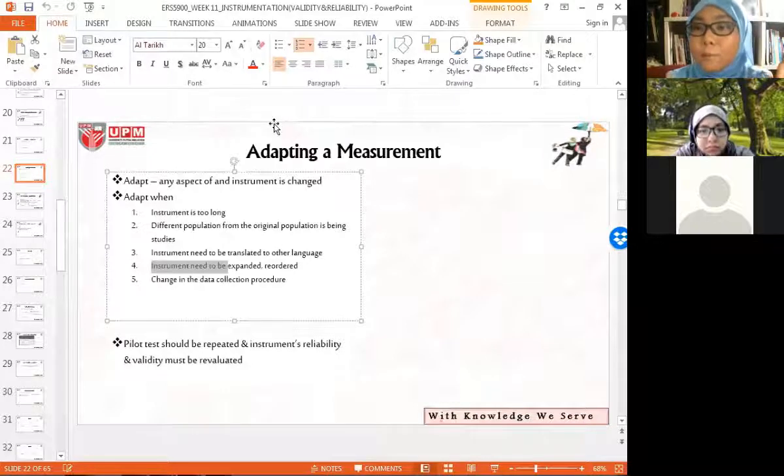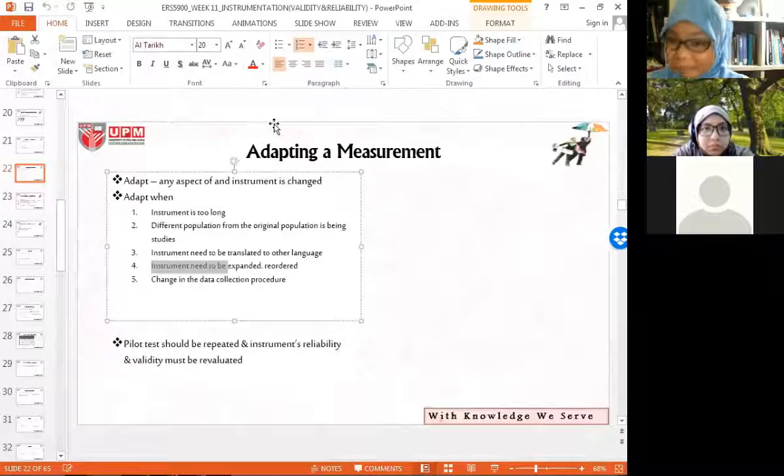Most of the time, one variable cannot be measured by only 2 items. Quanti looks easy, but it is not as easy as people say, because we have procedures which qualitative people cannot follow. So don't look down on quanti. It looks easy, but it is not as easy as you think.